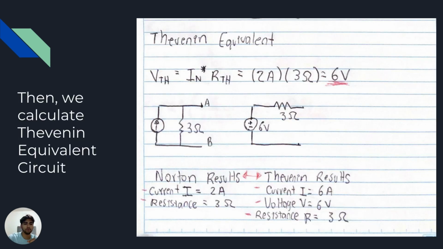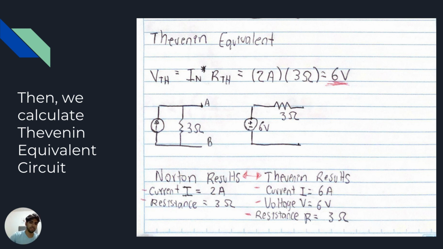As we said before, we need to then calculate the Thevenin equivalent circuit. As we obtained in the problem in Norton, the resistance are the same in both. We can use source transformation to solve this problem. So we need to calculate the voltage source of Thevenin, that is equal to the multiplication of the current source of Norton and the resistance of Thevenin, that is equal to 6 volts.